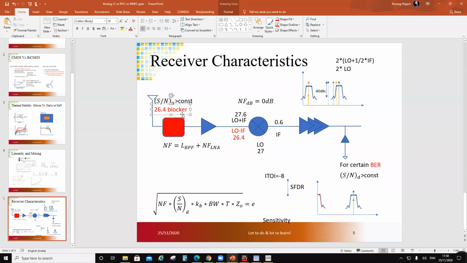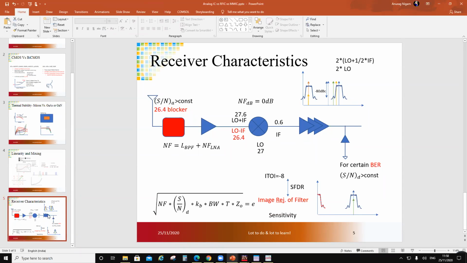So what will become important here is the image rejection of the filter. So this is your dynamic range now, not sensitivity. Because the blocker is noise, and the noise is more powerful than what your receiver could receive, right? So it will not see that. It will see the noise, right? It will not see the lowest signal I can receive.